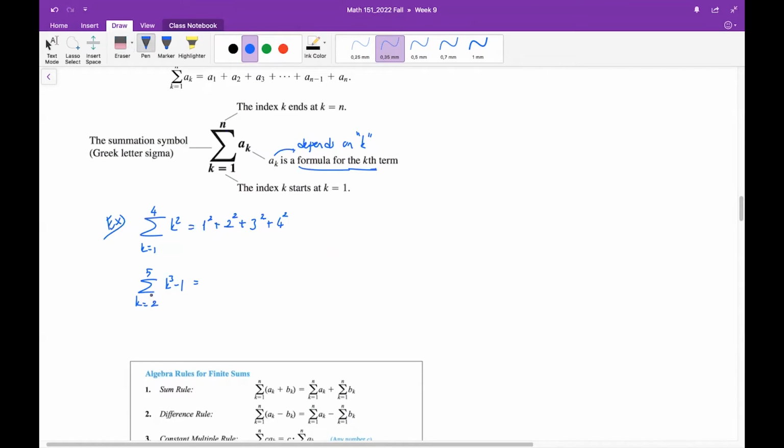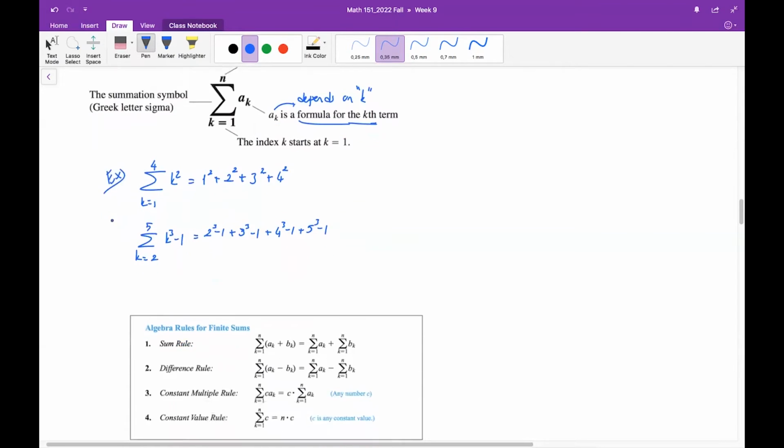You can start your index at any point you like, and it can finish at any point we like. So 2 cubed minus 1 is the first term of this finite sum. Then 3 cubed minus 1, 4 cubed minus 1, and the last term will be 5 cubed minus 1, okay?